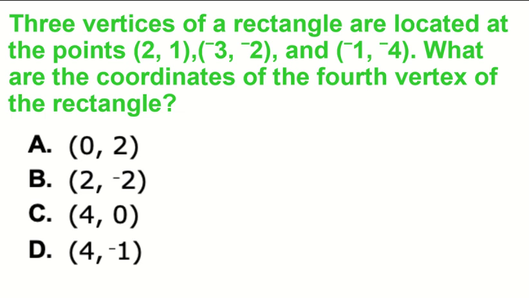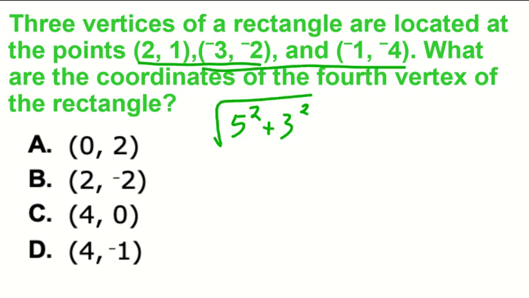Remember on a rectangle, our distances alternate, right? So right there, I've got 5 and 3 as my legs. All right, so for this next one, I've got 2 and 2 as my legs.